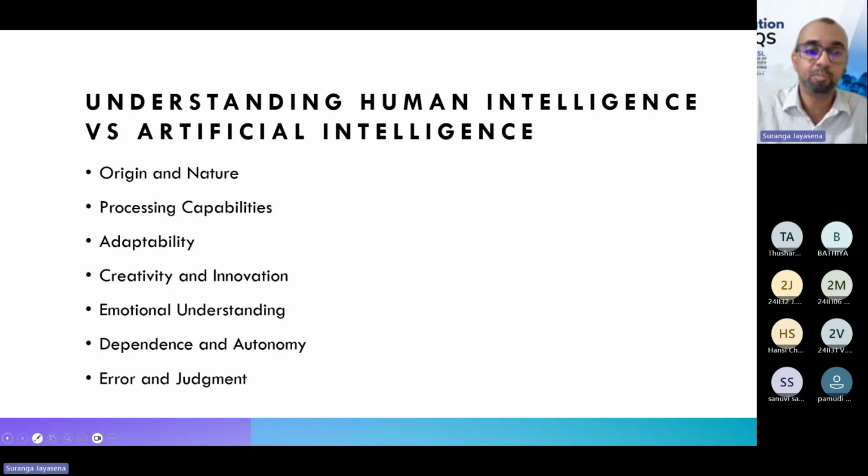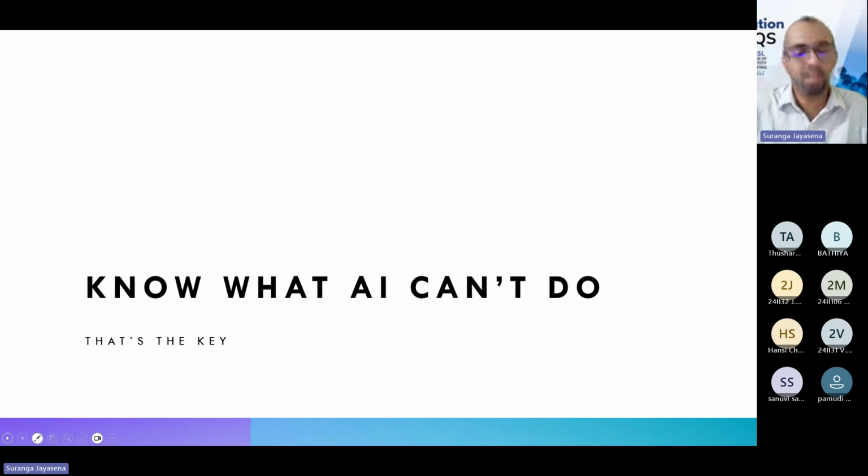Okay, so do make mistakes, and learn from mistakes. Don't worry about making mistakes. But at a certain level, you have to minimize that. So know what AI can do and what AI can't do, right? Then plan to make the best use of what AI can do.